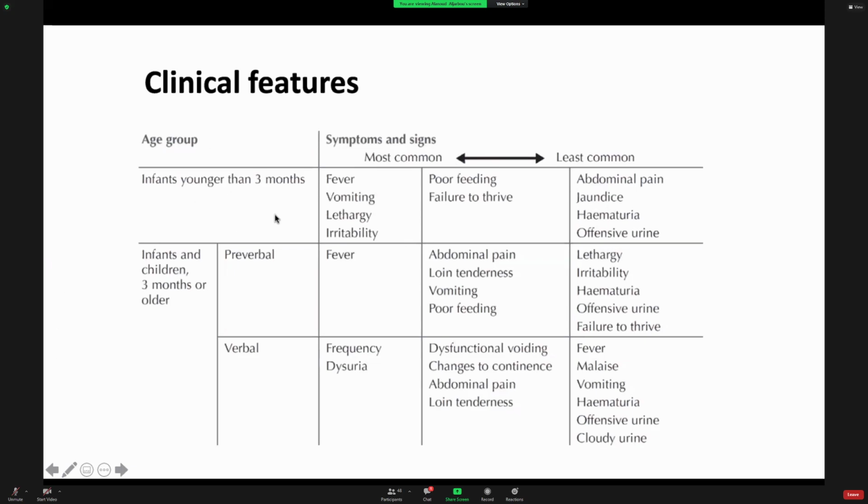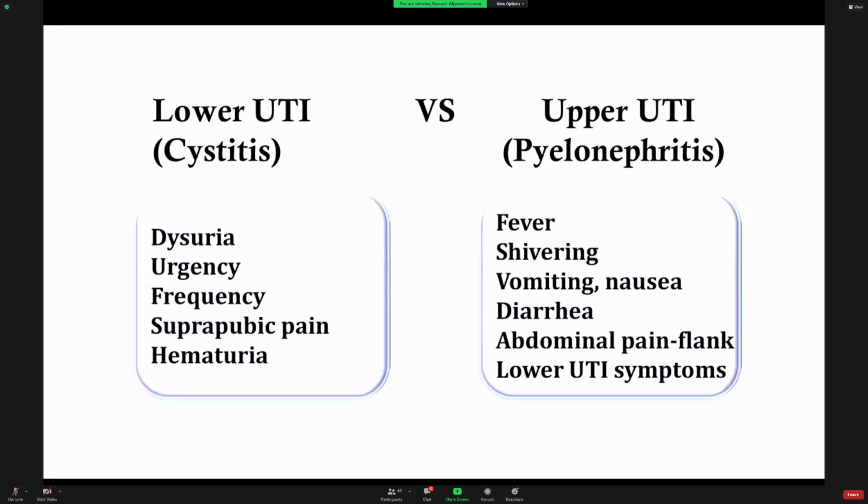Infants and children more than 3 months can also present with fever, but they can also point to dysuria, frequency, urgency, and other manifestations. We also need to differentiate whether it is a lower or upper UTI.